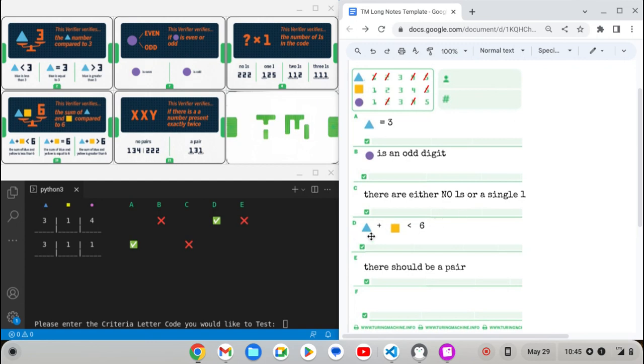Since we know that the sum of triangle and square has to be less than 6, we know square can be neither 3 nor 4, because 3, 3 gives us 6 and 3, 4 gives us 7. So that means we can eliminate 3 and 4.